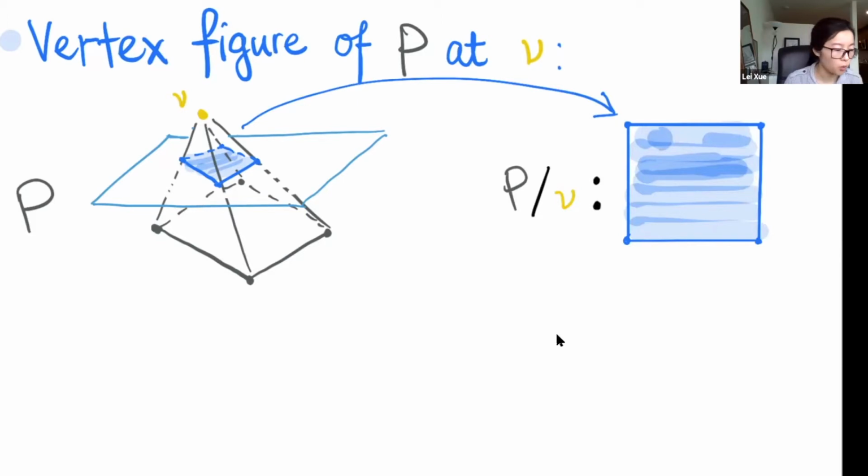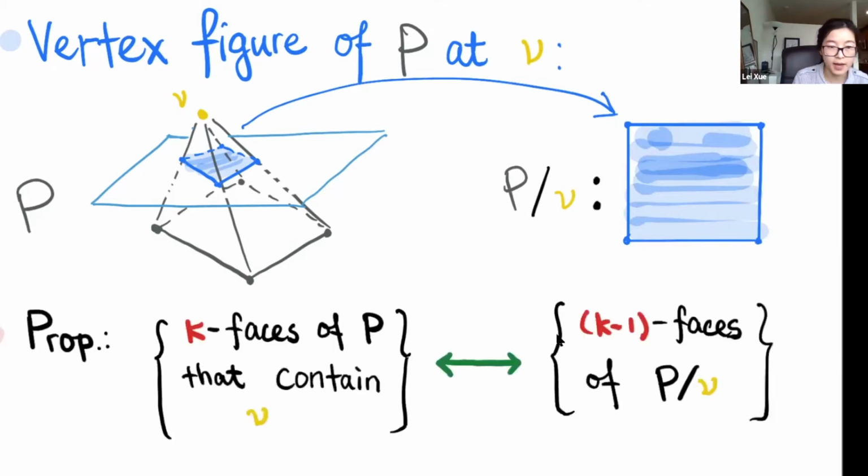And the reason why we like vertex figures is that they have the following nice property, which is a really nice bijection between the set of all k-dimensional faces of P that contain the chosen vertex V and the set of all (k-1)-dimensional faces in the vertex figure. And this bijection is actually quite intuitive.